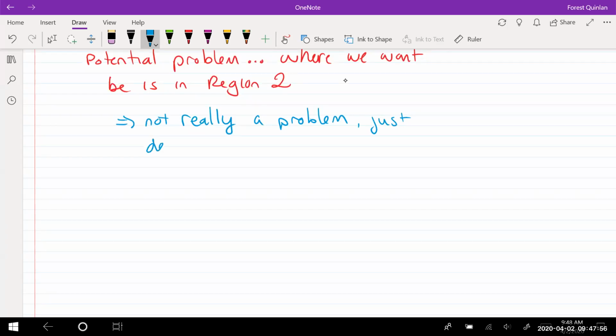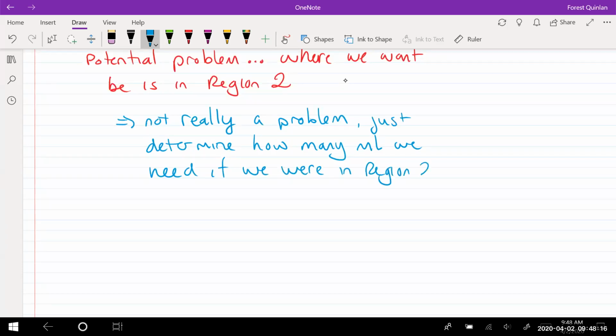Just determine how many mils we need if we were in region 2, and add enough mils to get to region 2 in the first place.